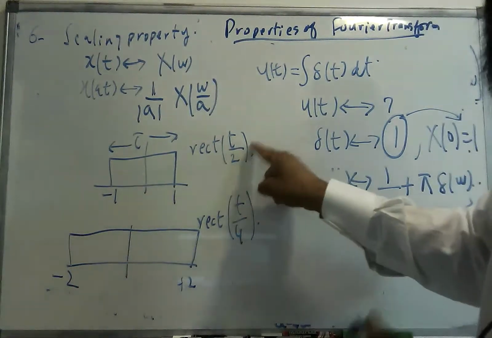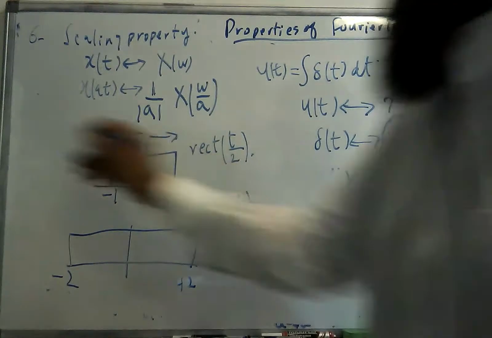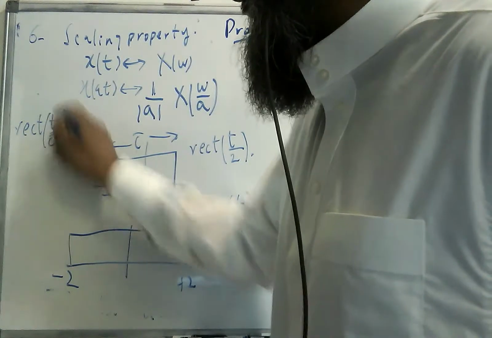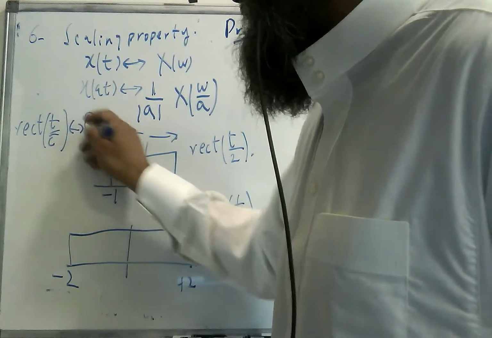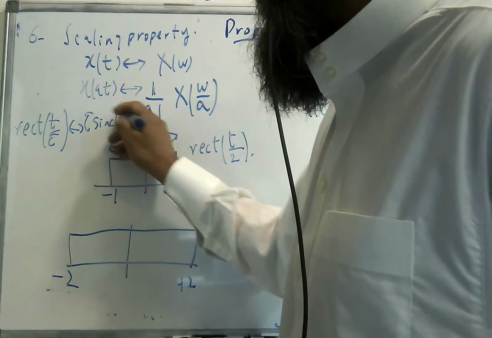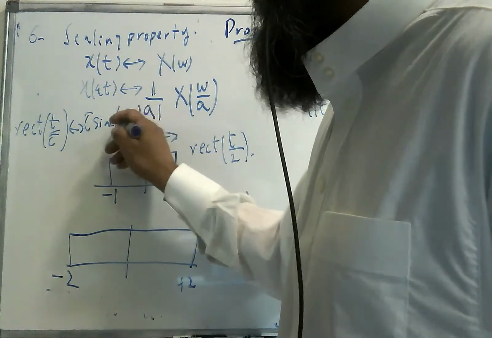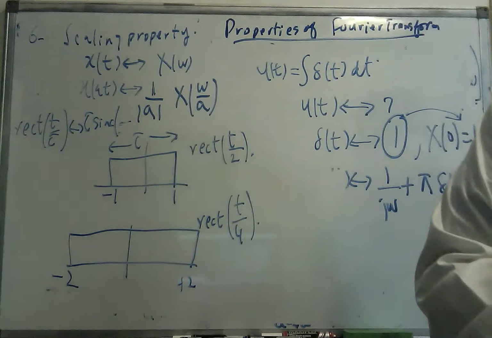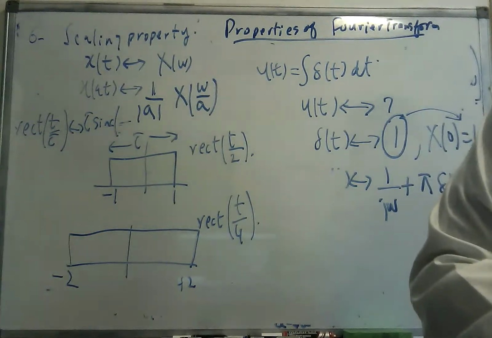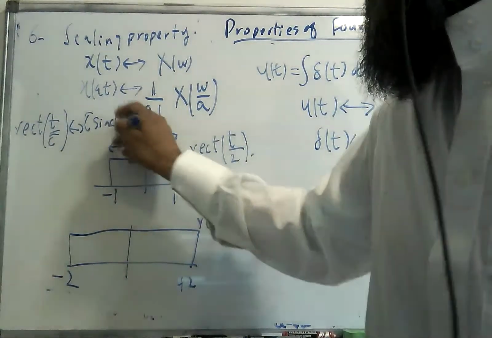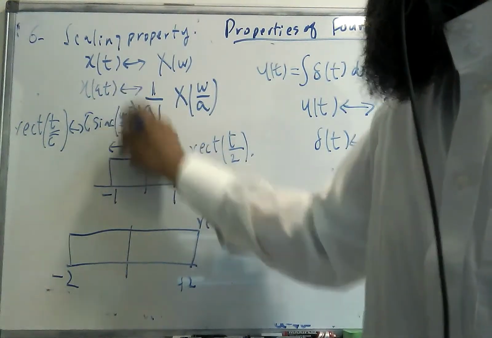So let us find the Fourier transform of this first. We know this result that if we have a rectangular function, the Fourier transform is tau sinc of omega tau divided by 2 pi.